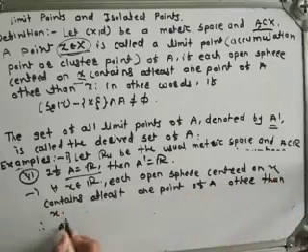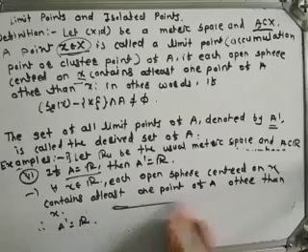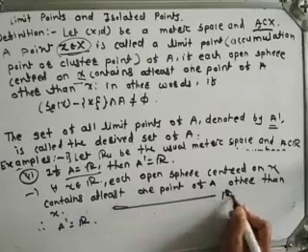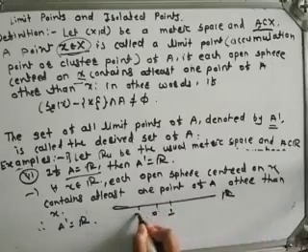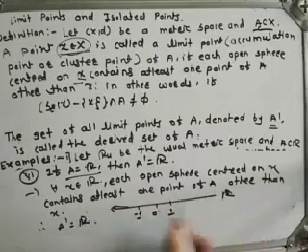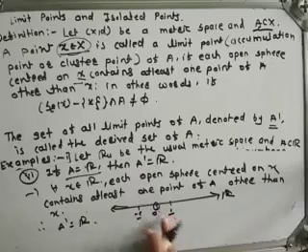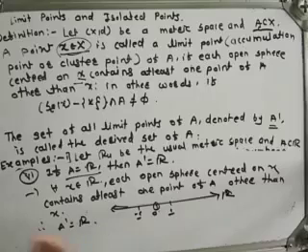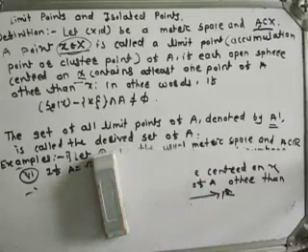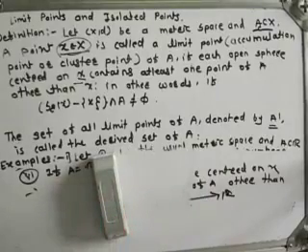See here, this is a real line, 0, 1, -1 and so on. If you choose 0, each open sphere centered on 0 contains at least one point of A other than 0. This is true for all real numbers. Therefore, the limit point of A is equal to R.